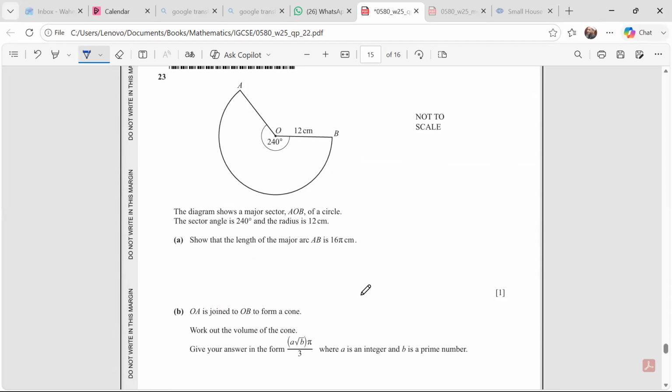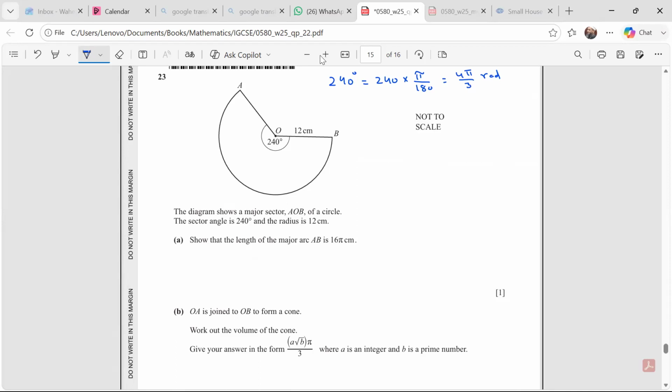Remember, how much is 240 degrees? 240 degrees is equal to 240 multiplied by pi over 180, which will be in radians. So 240 degrees is 4 pi by 3 radians.